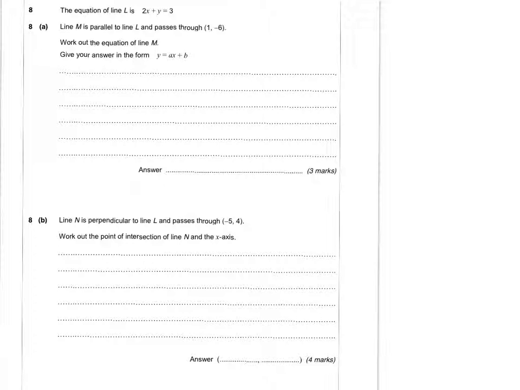Okay, so we need to get the gradient of the first line. 2x plus y equals 3, y equals negative 2x plus 3. My gradient is equal to negative 2.